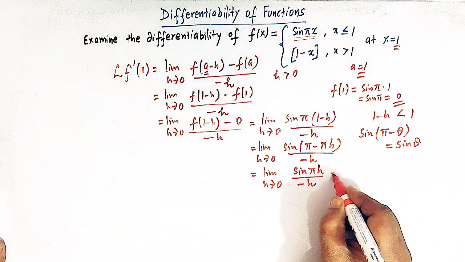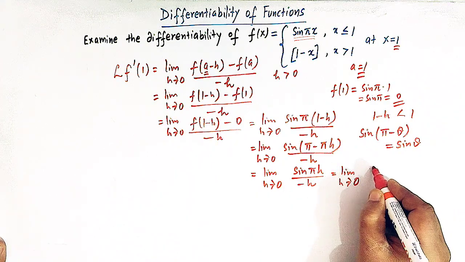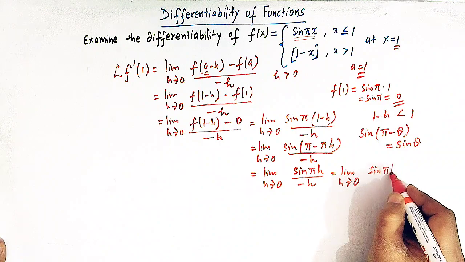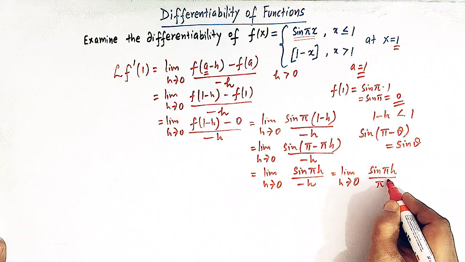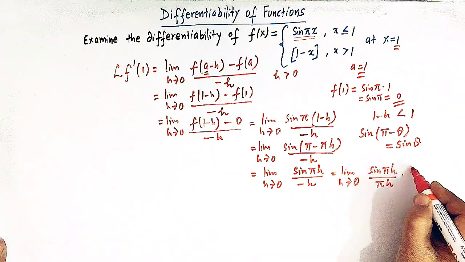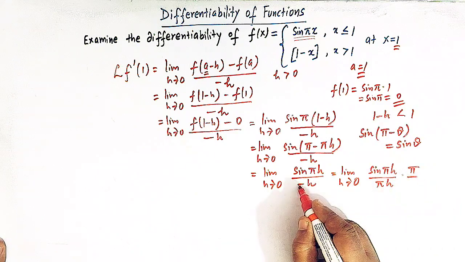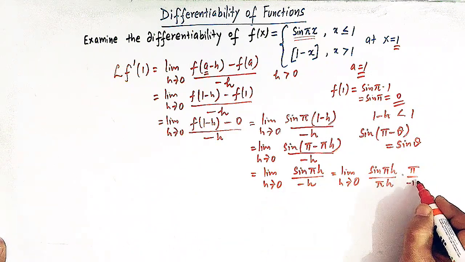So now what we will do, here we have limit h tends to 0. Now we can write this as sine pi h over pi h, and here we can multiply this quantity by pi, so that pi and pi get cancelled, and here we have the negative sign, so we can write minus 1, right?